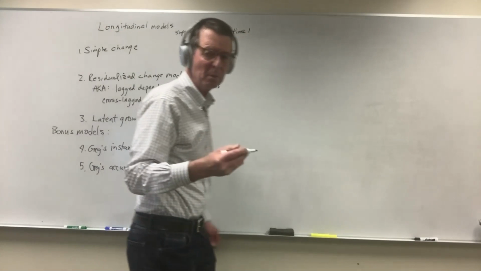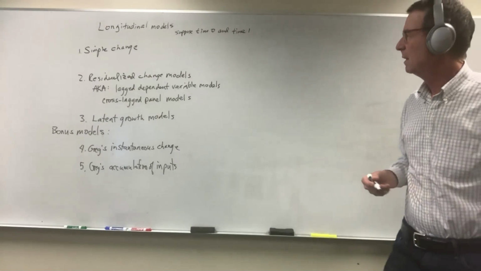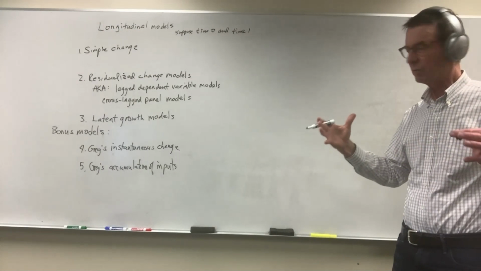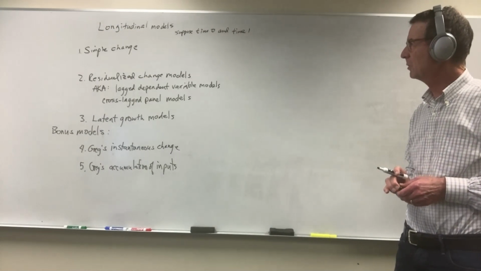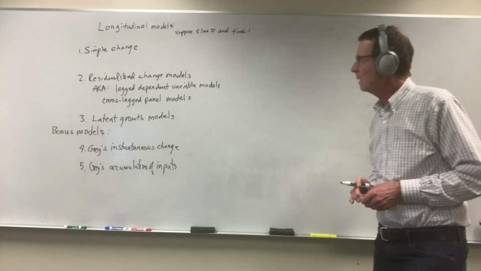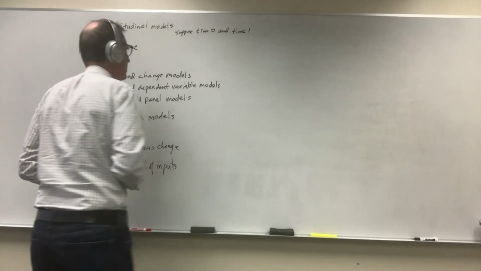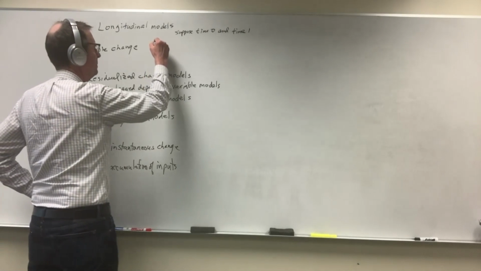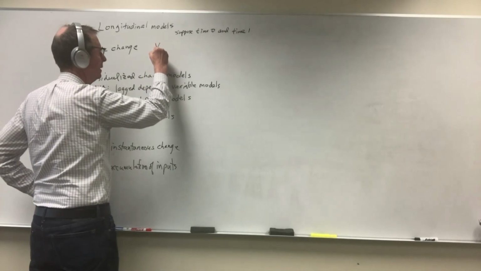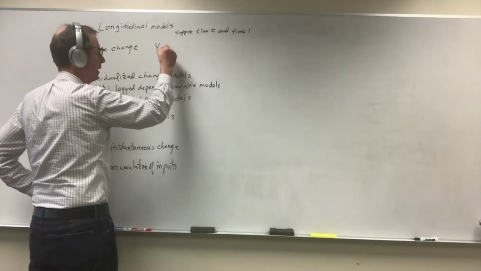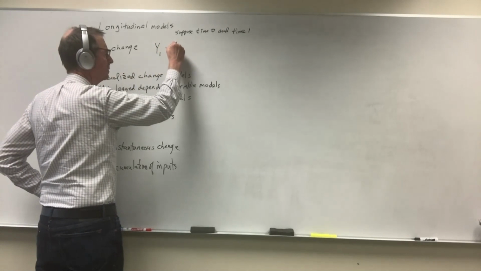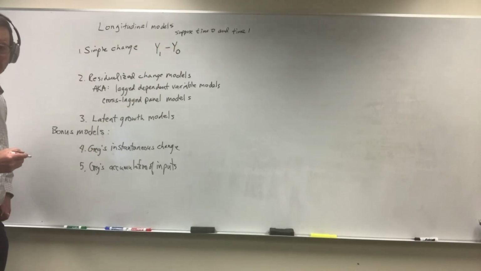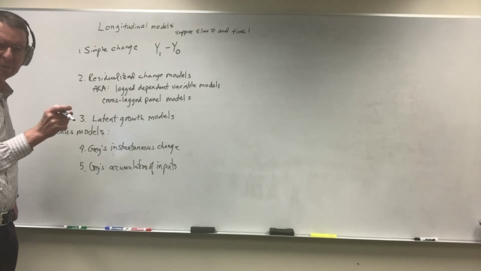The same people, the same kids, the same schools are observed in a longitudinal study that has 2 waves, and we're just calling those time 0 and time 1. So a simple change model would have some dependent variable, y, at time 1, minus that same variable observed at time 0. We're just subtracting for an individual.